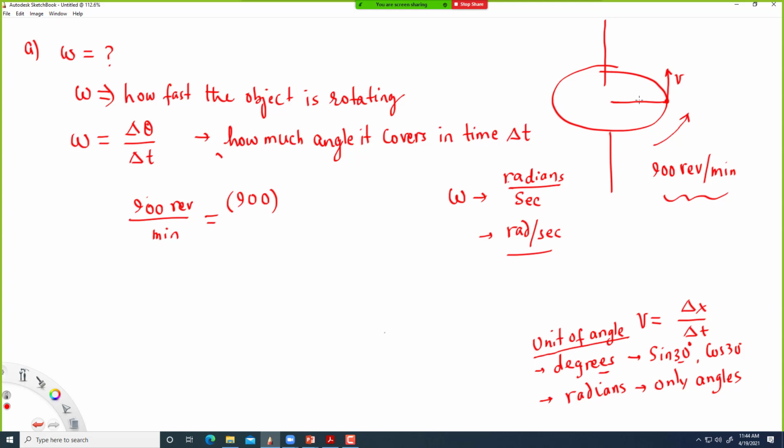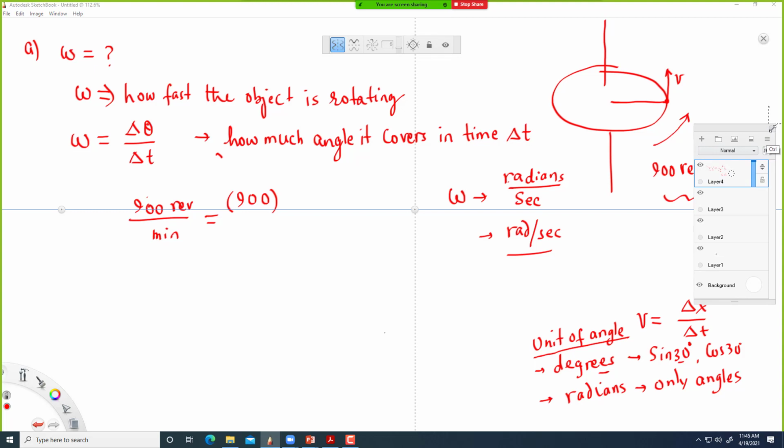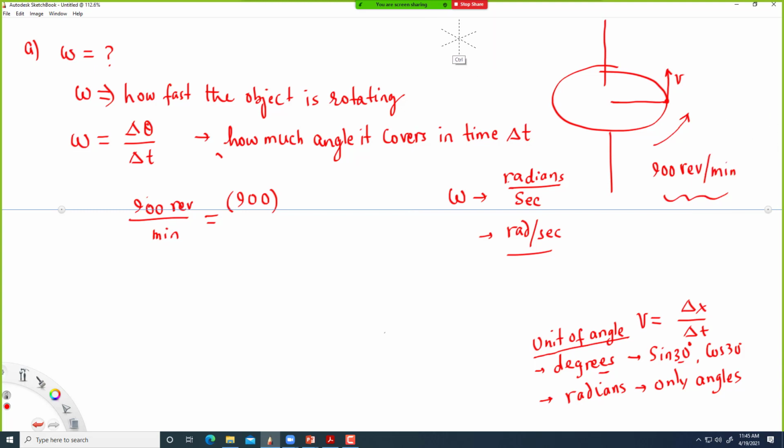How much angle does it cover? 360, yes, exactly.